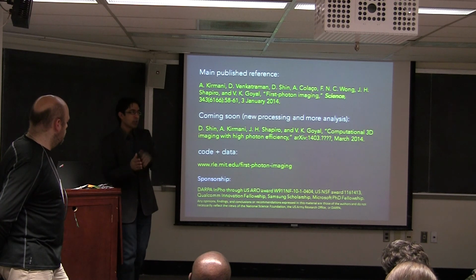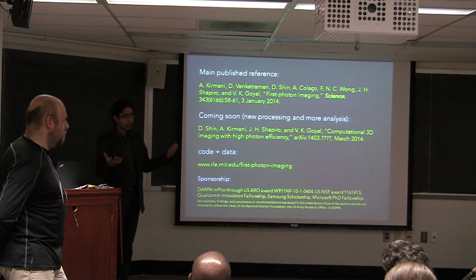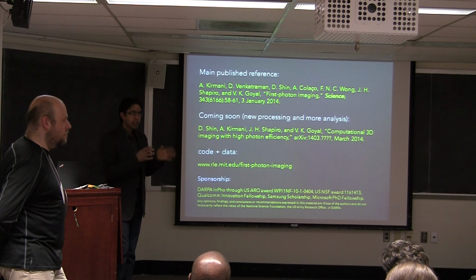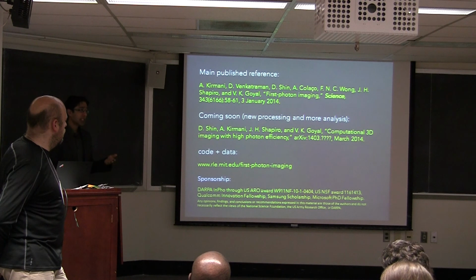A depth edge almost always leads to an intensity edge. Sometimes you have intensity edges without depth edges, like if you're wearing striped clothing. But they're highly correlated. So one could incorporate a lot more interesting regularizers.